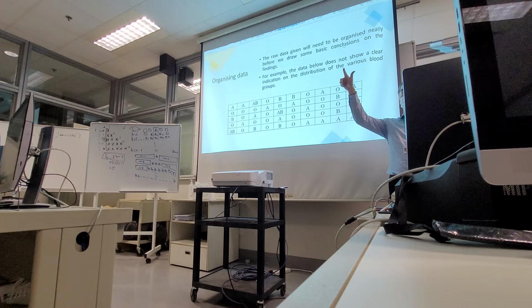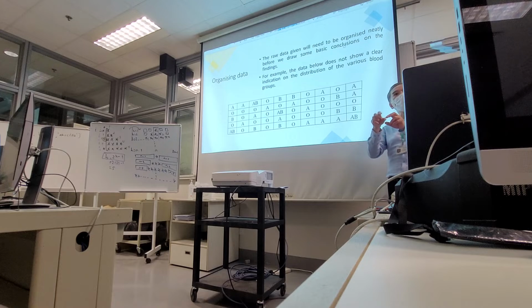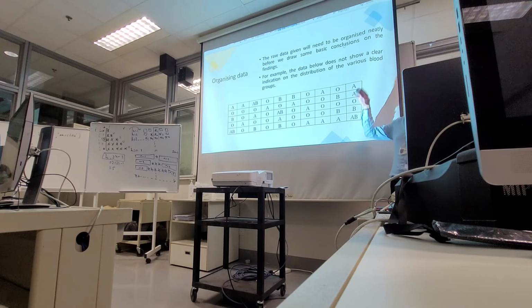For categorical you have nominal and ordinal: ordinal has an order, nominal has no order. For quantitative variables, you have discrete and continuous. Can you tell me what this data is? Very good. Nominal, correct. And is it categorical or quantitative?